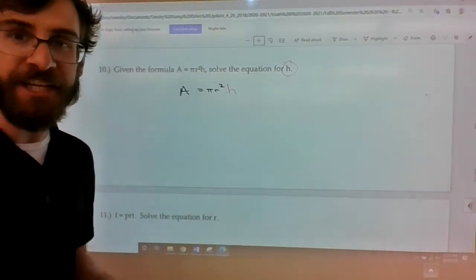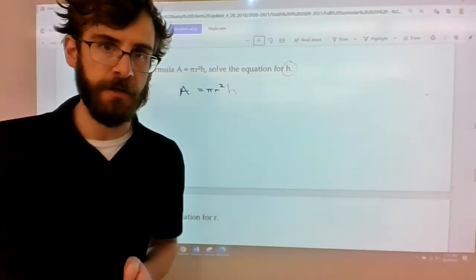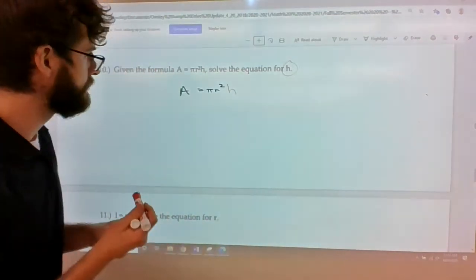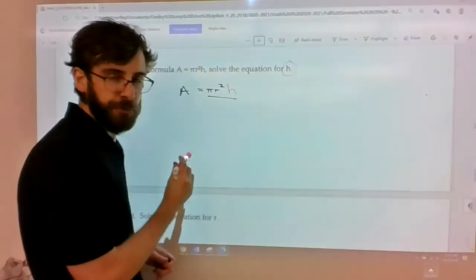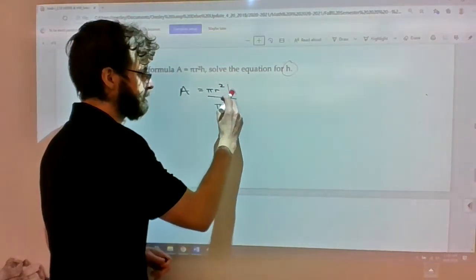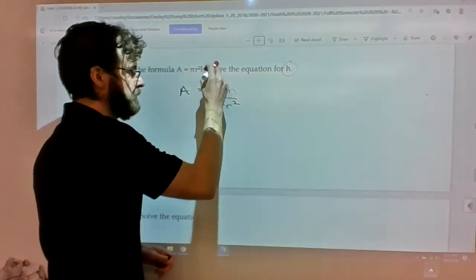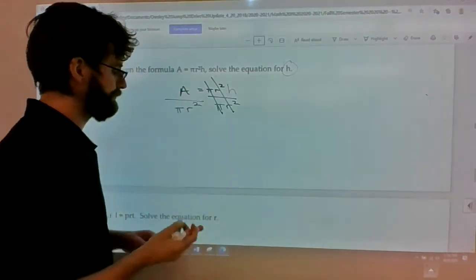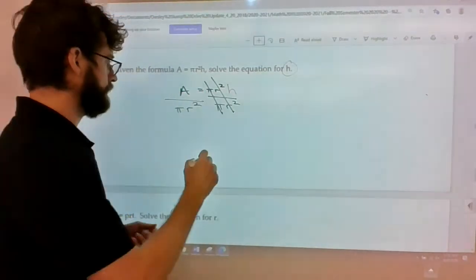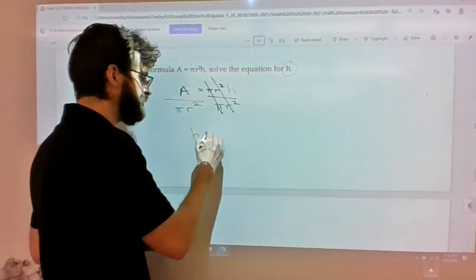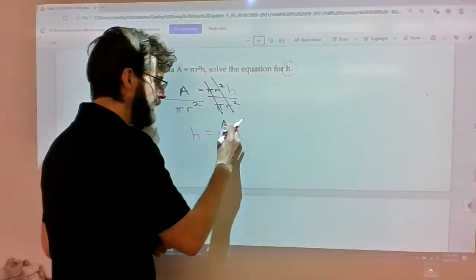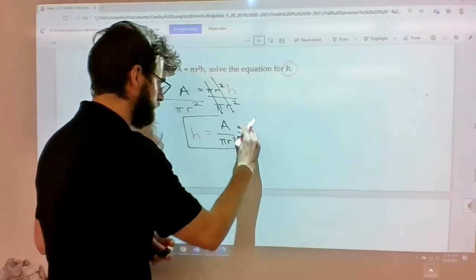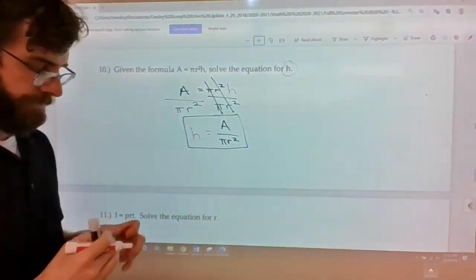Everybody's connected to h through multiplication, so the only way to disconnect them from h is through division. Okay, h equals A over pi r squared. And that's that.